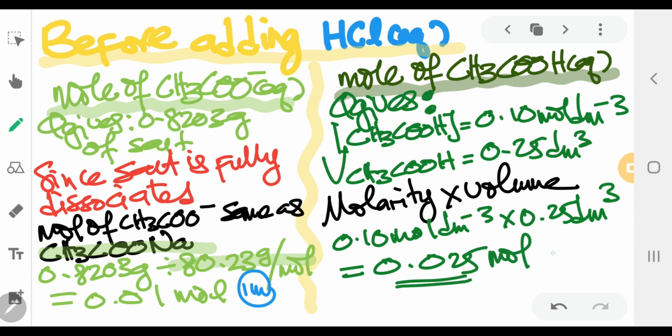By figuring out the number of mole of CH3COOH before adding HCl, you'll be getting another 1 mark. Okay.